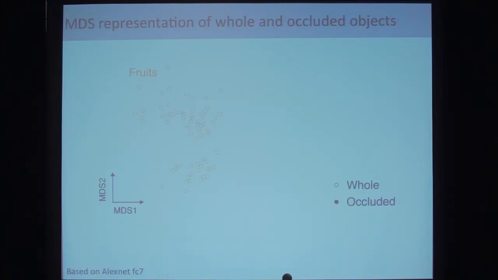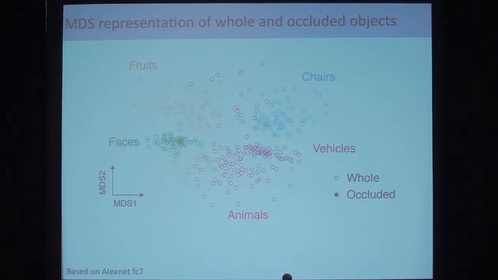So just to try to visualize that, here's a multidimensional scaling 2D rendering of the representation of one of the set of pictures that we had in our experiments from the top level of the AlexNet network. So here are all the different whole objects, and you can see that they're pretty well separated in this space.